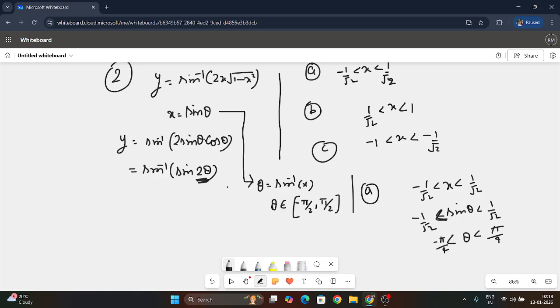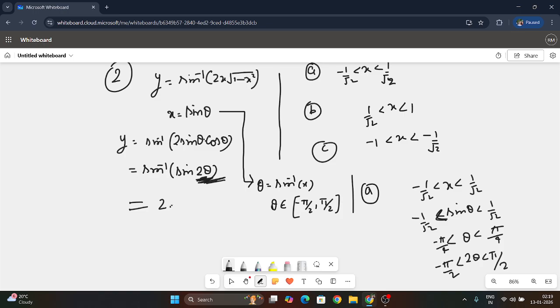But here we don't want theta, we want 2 theta, so multiplying by 2 gives minus pi by 2 to plus pi by 2. In this case you can simply cancel sine inverse and sine, and you get 2 theta.